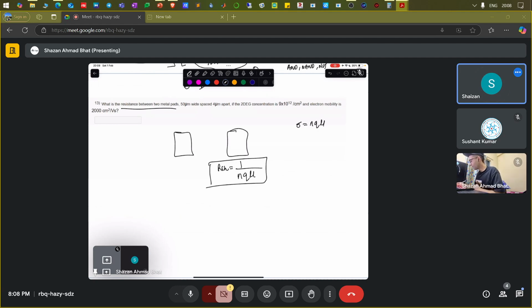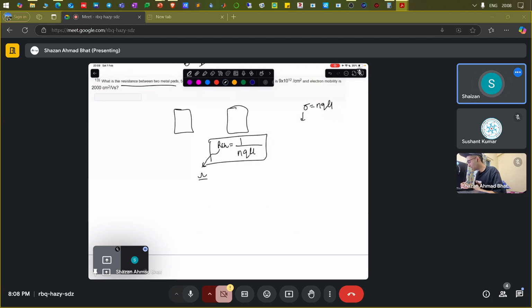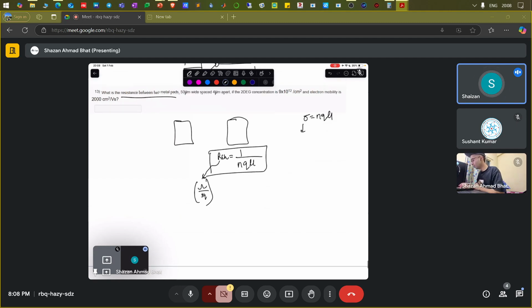You can write it as the inverse, and you get the resistivity. You have to note that the unit of this is particularly ohm per square. This is the unit convention used in the literature.